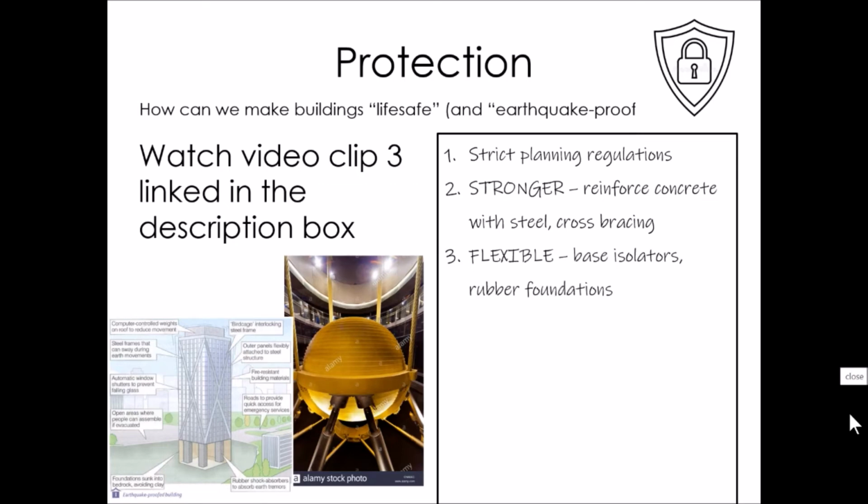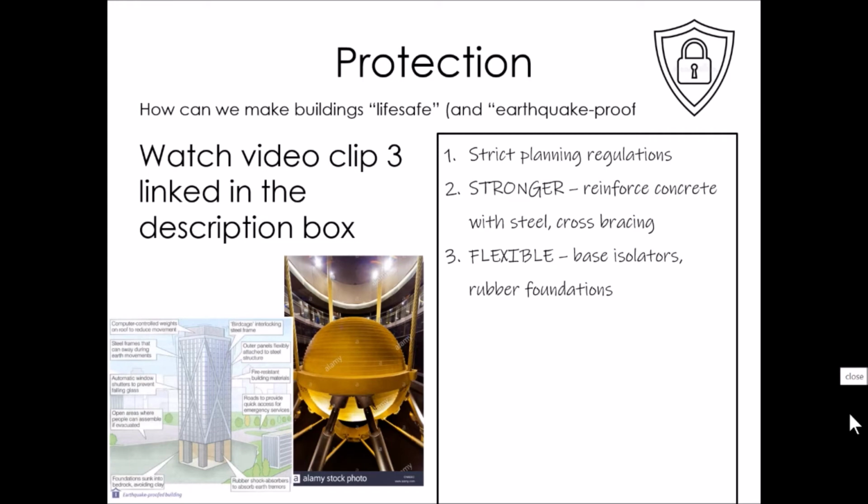Another thing you can do is make your building flexible. So instead of trying to withstand the force of the seismic waves, you work out ways in which your building can almost sway with it. And what that's going to do is it's going to, again, stop that breaking, because it's not going to create a stress or a fracture between the movement and the building itself. So there's lots of things you can do here.